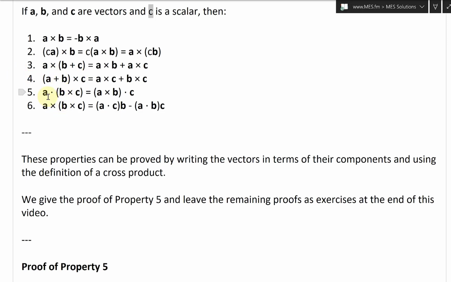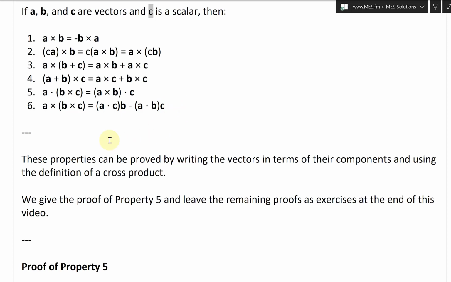Then property 5 is A dot B cross C is equal to A cross B dot C. That's a very interesting property. And then A cross, and then B cross C, is equal to A dot C times B minus A dot B times C. That's interesting. So you write these in terms of dot products there.